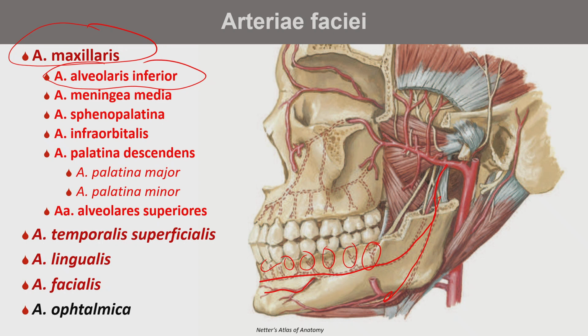So this is the artery supplying the mandible, calling it alveolaris inferior. Then the next important artery is the meningeal media.